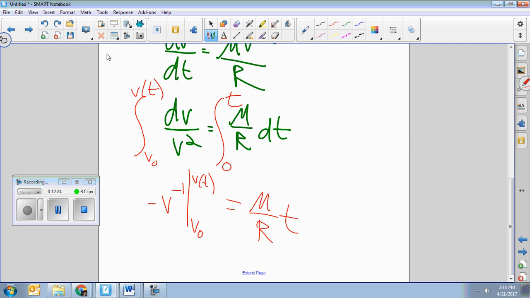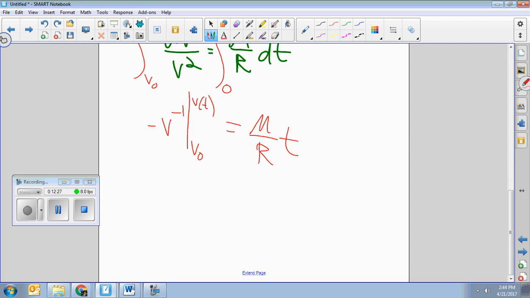Make sense? All right, and over here I've got negative 1 over v of t minus negative 1 over v naught, right? Cool? And then algebra and solve for v of t.